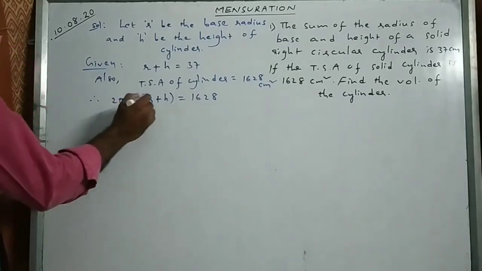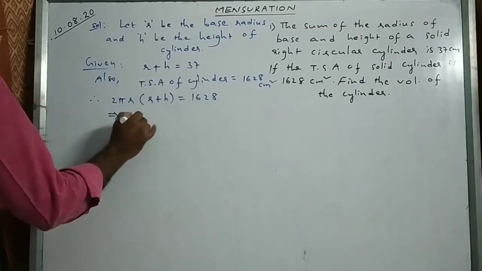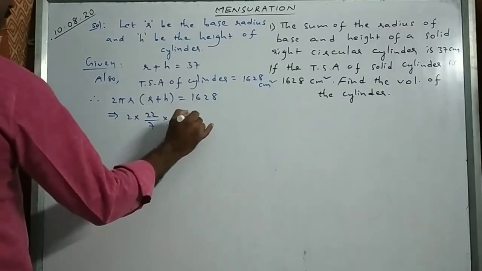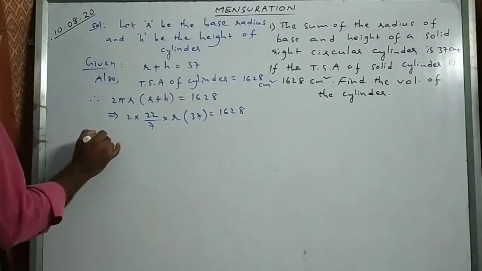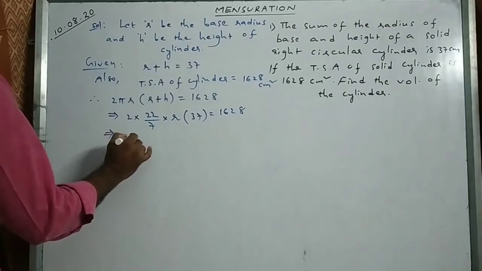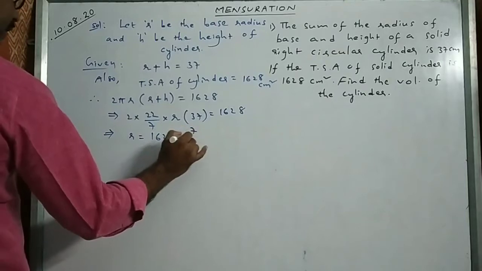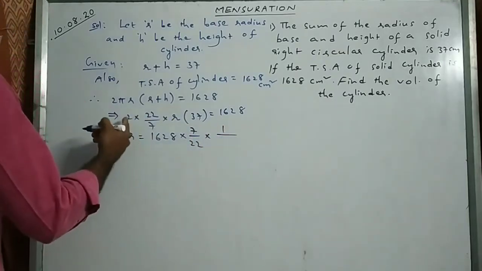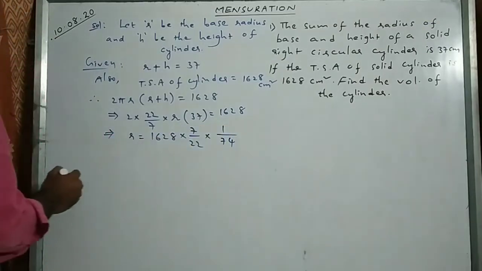Already r plus h value 37 is given here. I'll use 22 by 7 into r plus h value 37 equal to 1628. So from this I can find r now, right? So r equal to 1628 into 7 by 22 into 1 by 37 times 2, right?